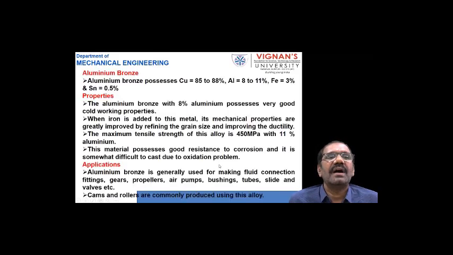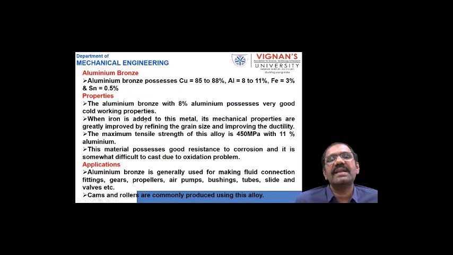Next, aluminum bronze. Aluminum bronze consists of 85% copper, 8 to 11% aluminum, 3% ferrous, that is iron, and 0.5% tin. The 8% aluminum gives good cold working properties.